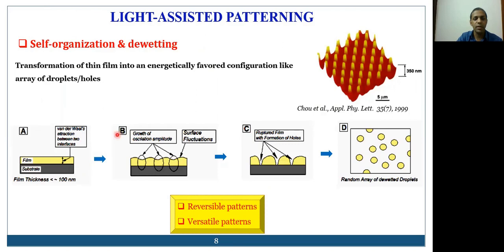When heated above its glass transition temperature, any roughness or perturbations on the surface of the film would amplify and reorganize the film into other metastable conformations, which could be, for example, a random array of dewetted droplets. And we can take advantage of the photochemical nature of azo-PU to make reversible and versatile patterns of various feature sizes by selective light exposure using masks.